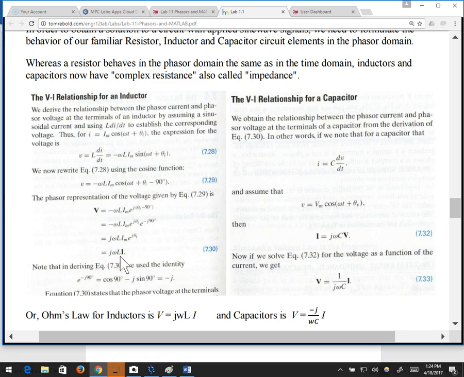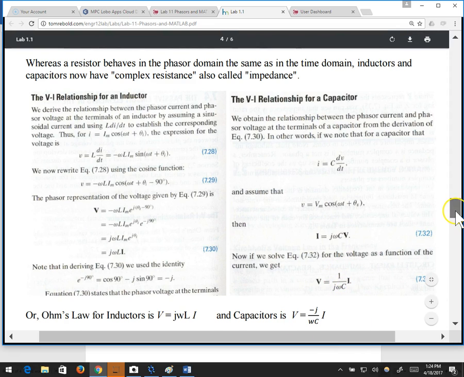The impedance of an inductor is like the resistance of an inductor at some frequency omega, and it's j omega L. The impedance of a capacitor is like the resistance of a capacitor at some frequency. It's 1 over j omega C, or minus j over omega C.